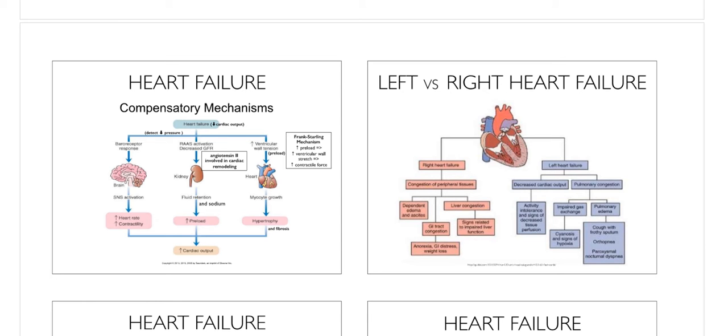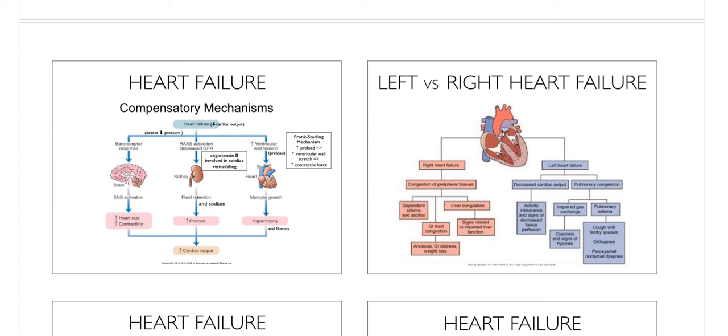So as you can see here, with left-sided heart failure, we have decreased cardiac output, but we end up having pulmonary congestion as our primary backwards effect of heart failure. So we're going to have potentially pulmonary edema and impaired gas exchange.